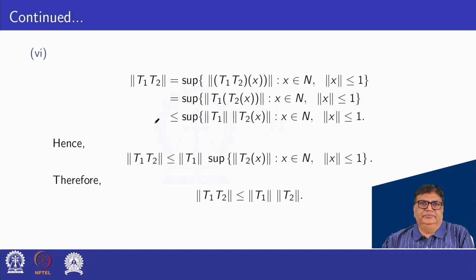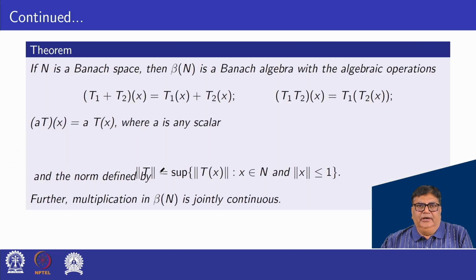Sixth condition: norm T1T2 equals the supremum of norm T1T2x such that x belonging to N, norm x less than or equal to 1. As per the statement here, norm T is equal to the supremum of norm Tx such that x belonging to N and norm x less than or equal to 1.